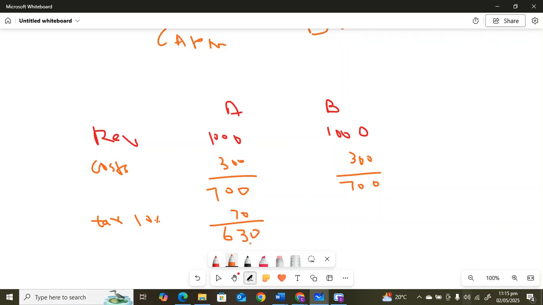Okay, 630 kwacha. Now let's take company B. Let's say they've got interest payments of 100 kwacha. They've taken on debt, and for the debt they have to pay interest of, let's say, 100 kwacha.